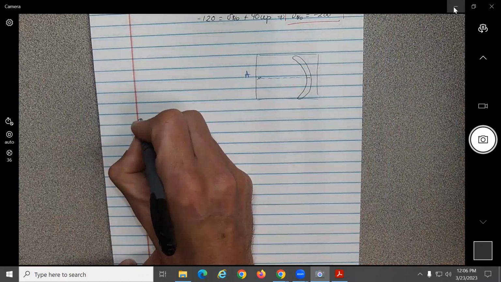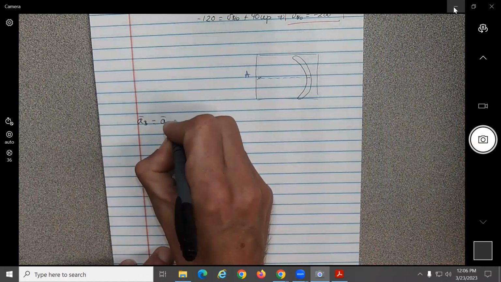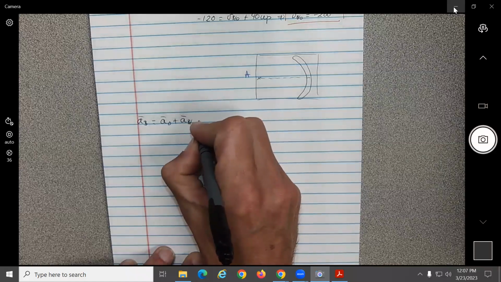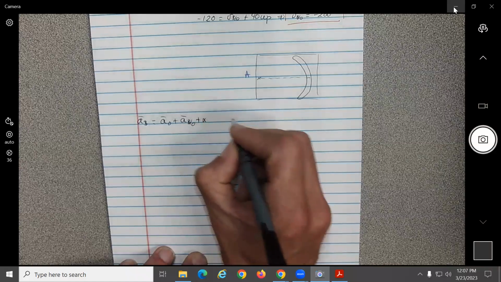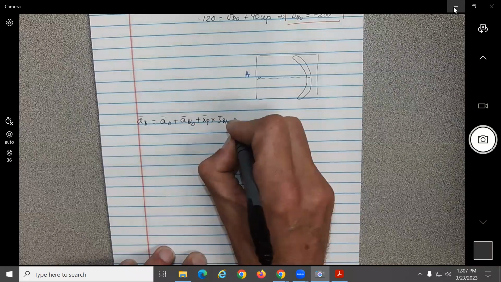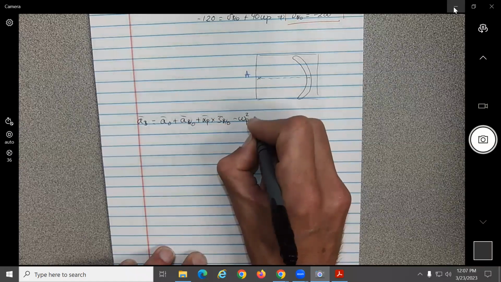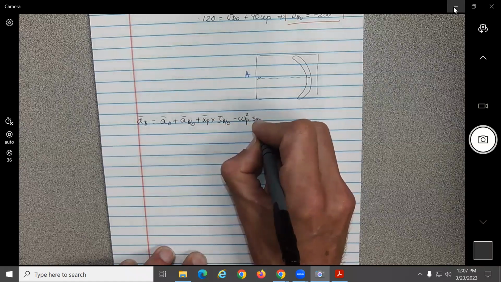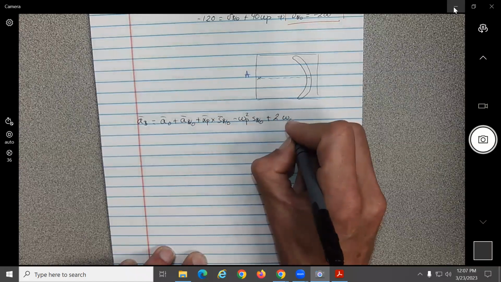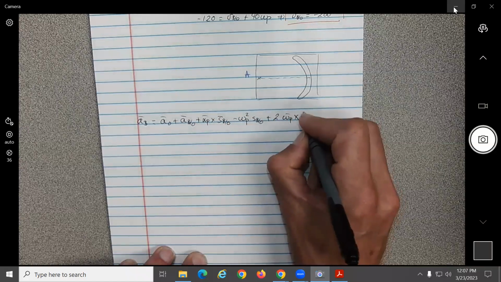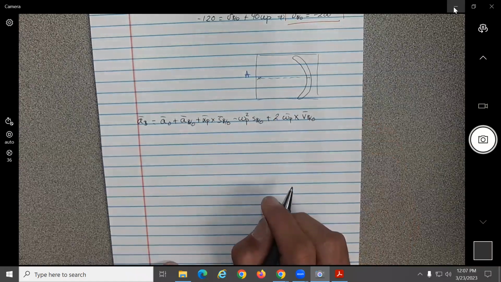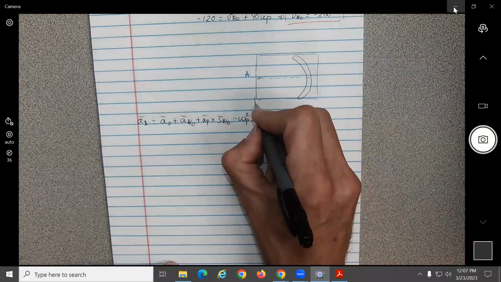So the acceleration of B from point O: acceleration of B with respect to O plus alpha plate cross S of B with respect to O, minus omega plate squared S of B with respect to O, plus 2 times omega plate cross relative velocity of B with respect to O, no? And here is our point O.